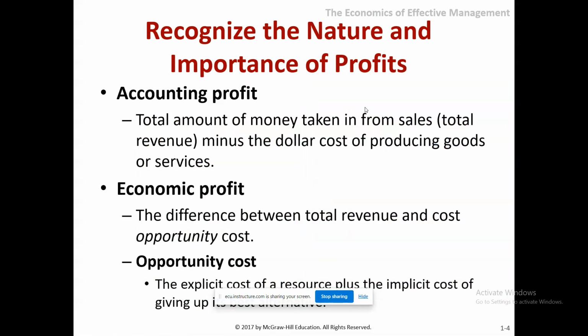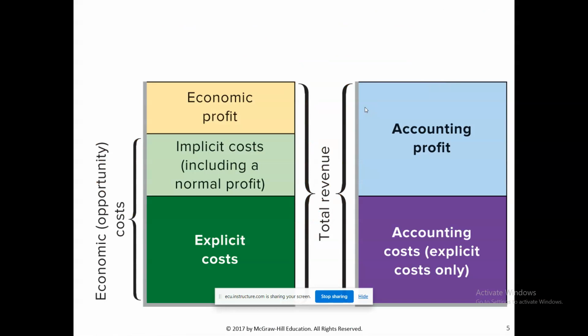For economic profit, it further considers the opportunity cost of self-owned resources, or implicit costs. Therefore, economic profit is always smaller than or equal to the accounting profit. Give you an example.